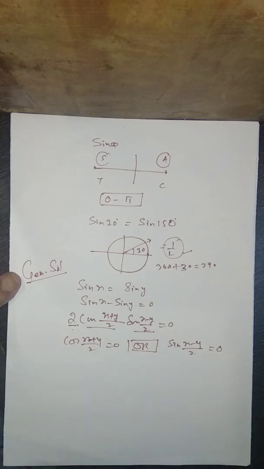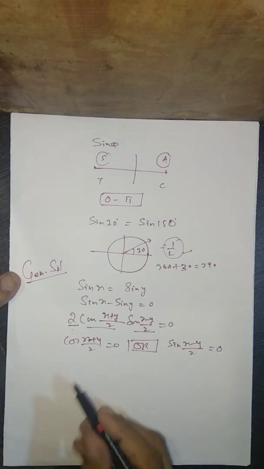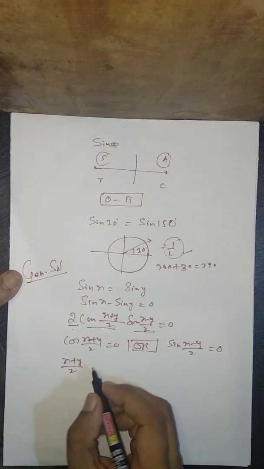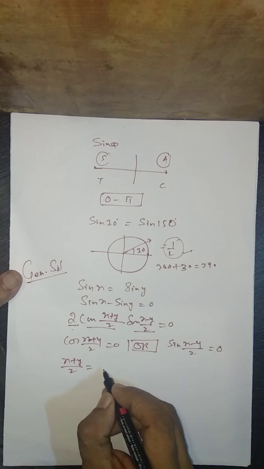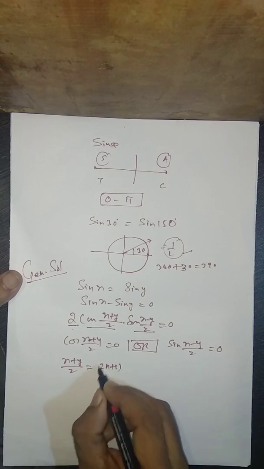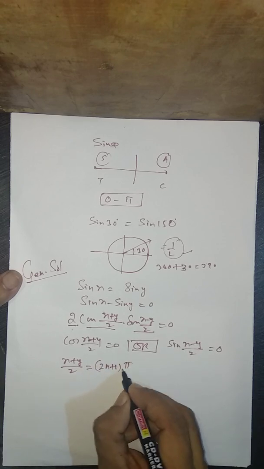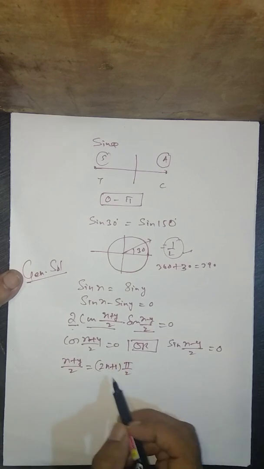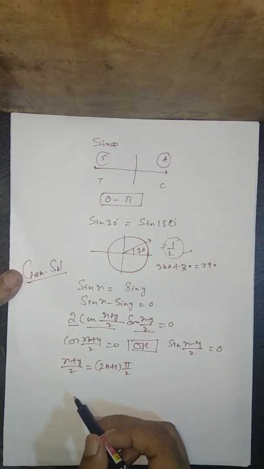So x plus y upon 2 will be 0 in cosine only when it is (2n plus 1) pi by 2, the odd multiple of pi by 2, that is 90 degree.